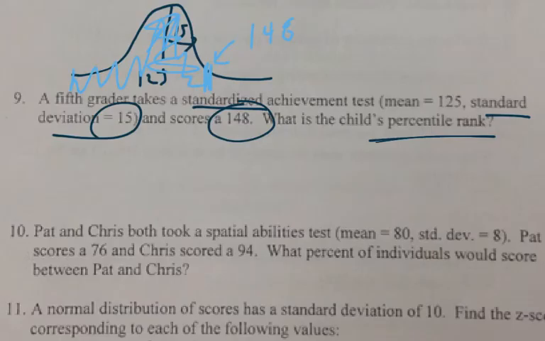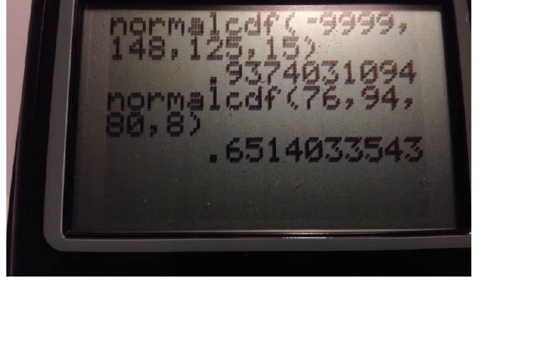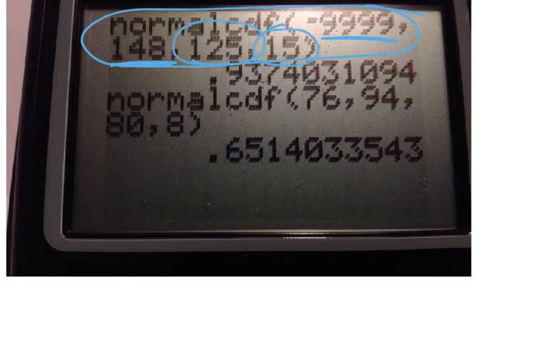Okay, so let's see what that is. Well, as you can see right here, guys, I went from negative infinity up to 148. That was our score given. I told the calculator the mean and standard deviation. Don't forget to do that. And what was our final score? It was 0.937, wasn't it?